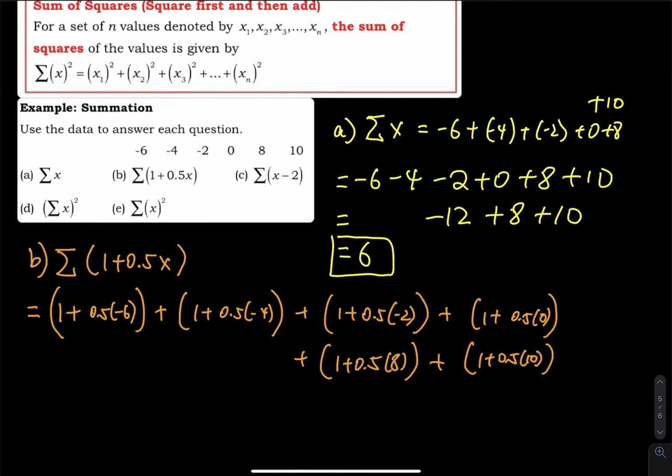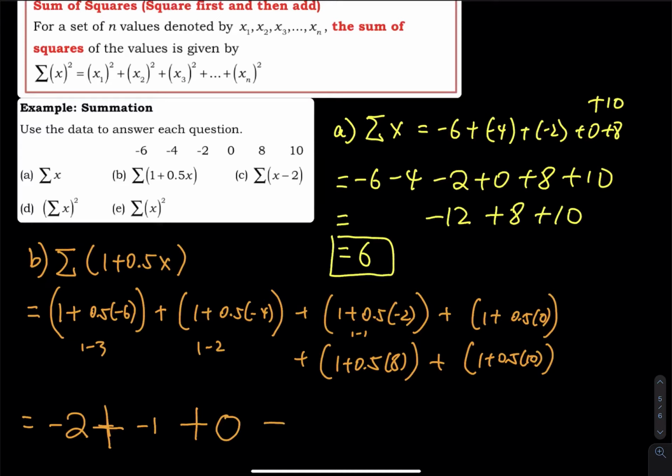So half of -6 is -3, so you have 1 minus 3, which equals -2. Then plus half of -4 is -2, so 1 minus 2 equals -1, so that is plus a -1. And then plus half of -2 is -1, 1 minus 1 equals 0.